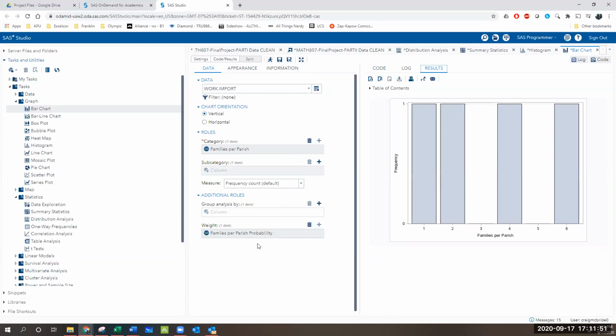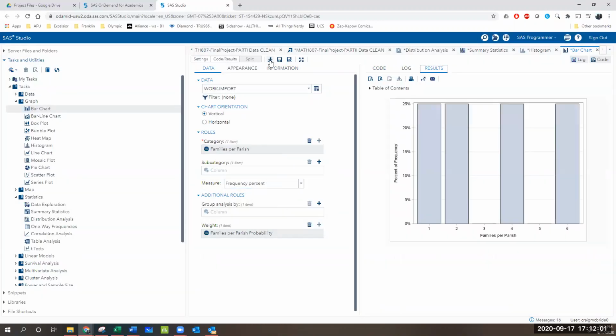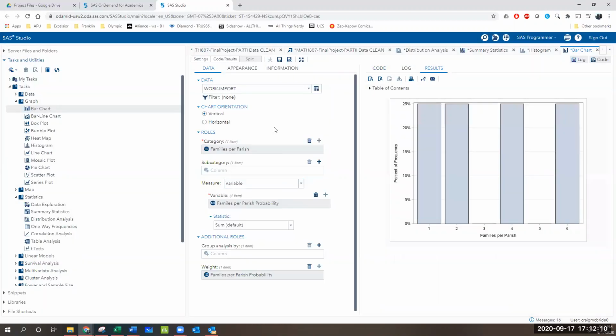Oh, it's under frequency. This needs to be under frequency percent. Nope. Oh, measure it by the variable? That's what it is. You have to measure it by the variable and then put in the probability here.